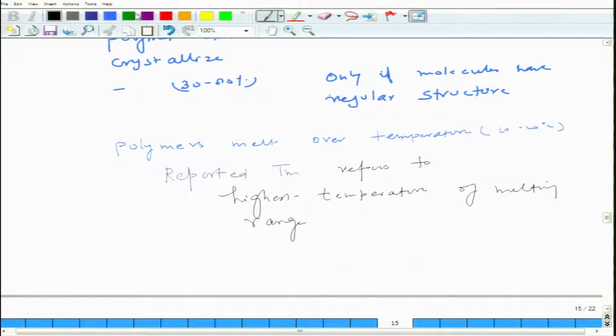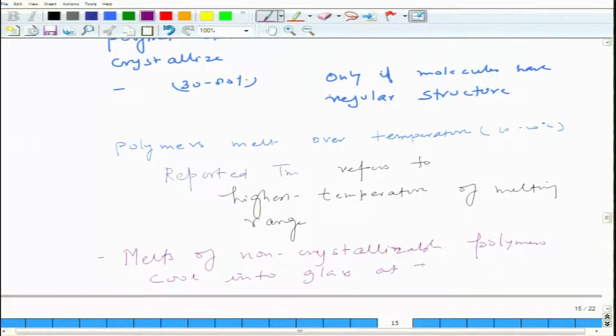The other important thing is that the melts of non-crystalline or crystallizable polymer, if you cool it, then it can take a glass structure at the glass temperature, which is called Tg.